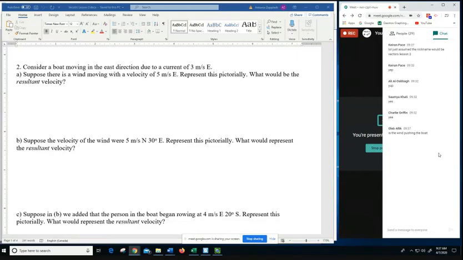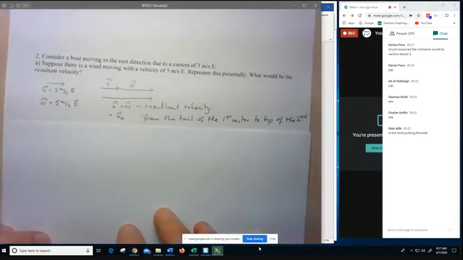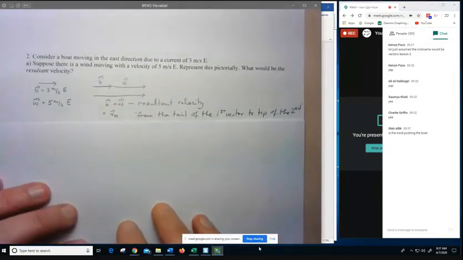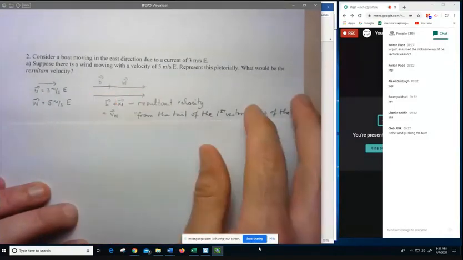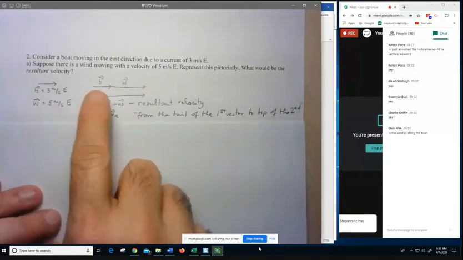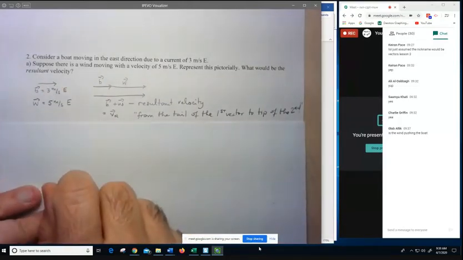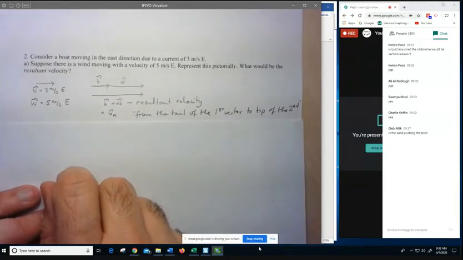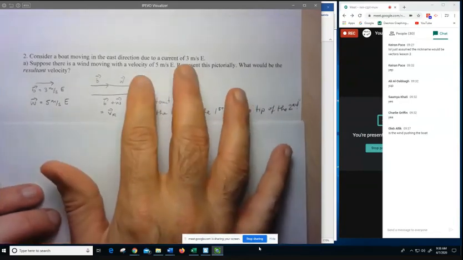All right, let's take a look at these examples. If I take a look at this first one, I've got this vector that I'll call B for the first vector that's given. That's 3 meters per second in the east direction. And then I've got the wind, which I call W. If I want to add them together and see the effect of combining both of those vectors, I use my conjecture from the number line.